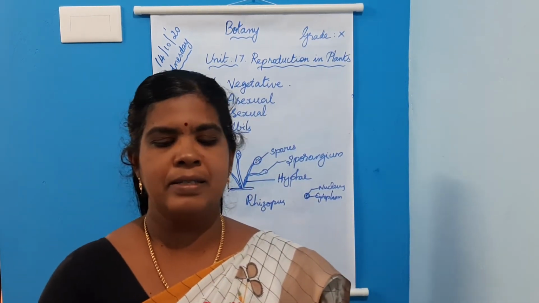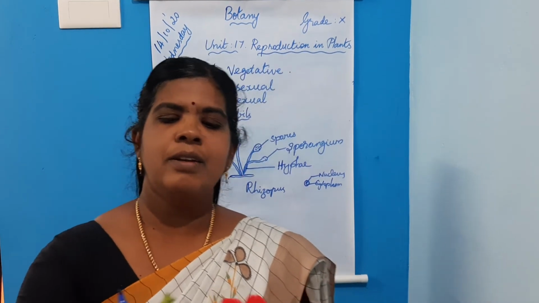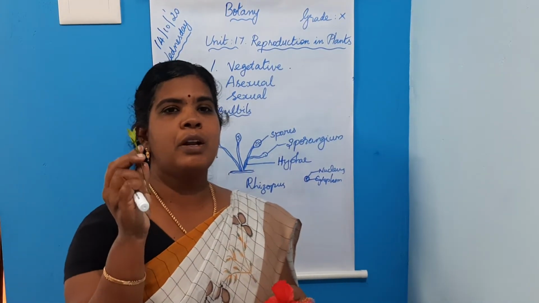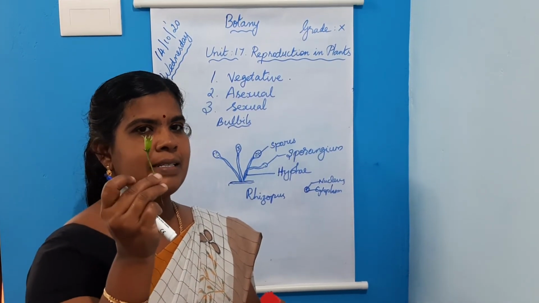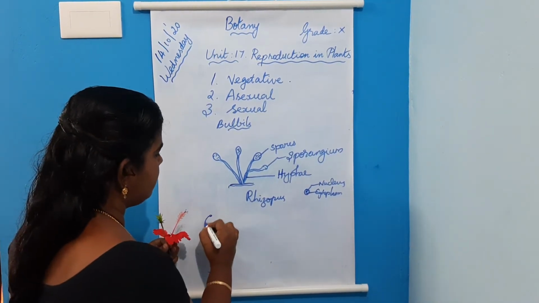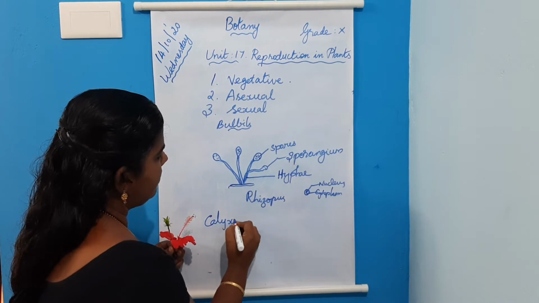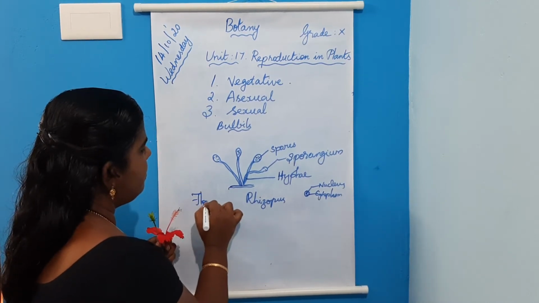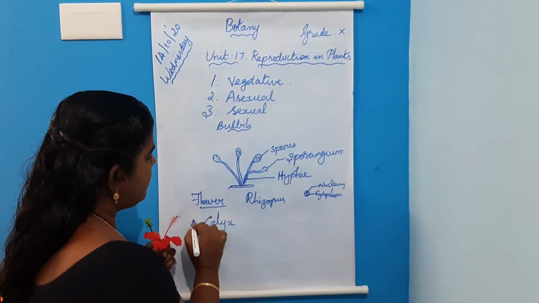Each flower has 4 floral parts. This is the calyx.